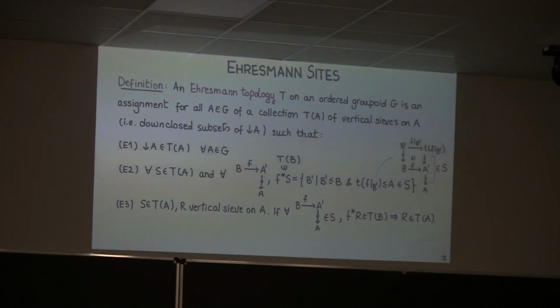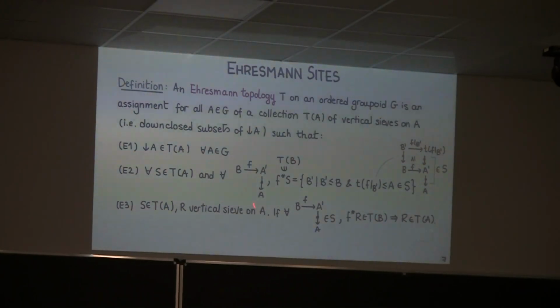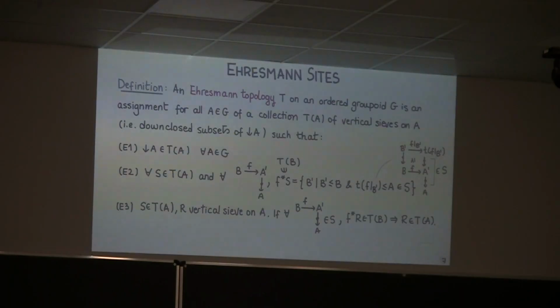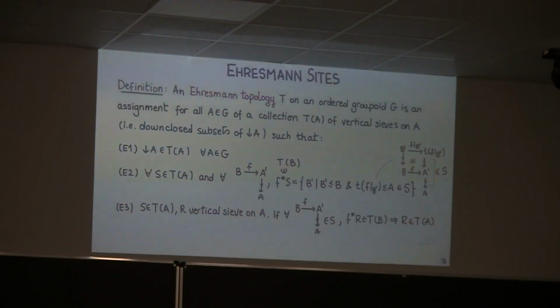As usual, if I have a covering sieve and any sieve, if I pull back along elements in the covering one, and I get something in the topology, then the sieve should itself be in the topology. And so we call an Ehresmann site an ordered groupoid with the topology.